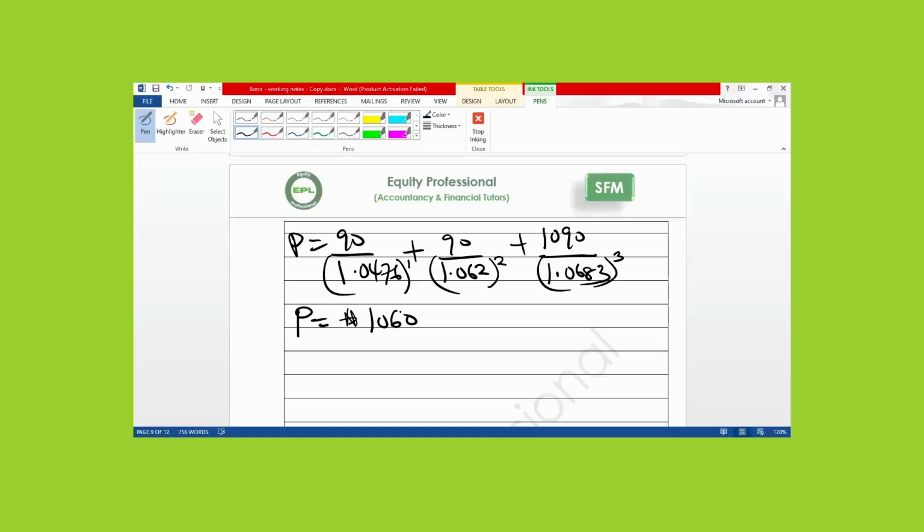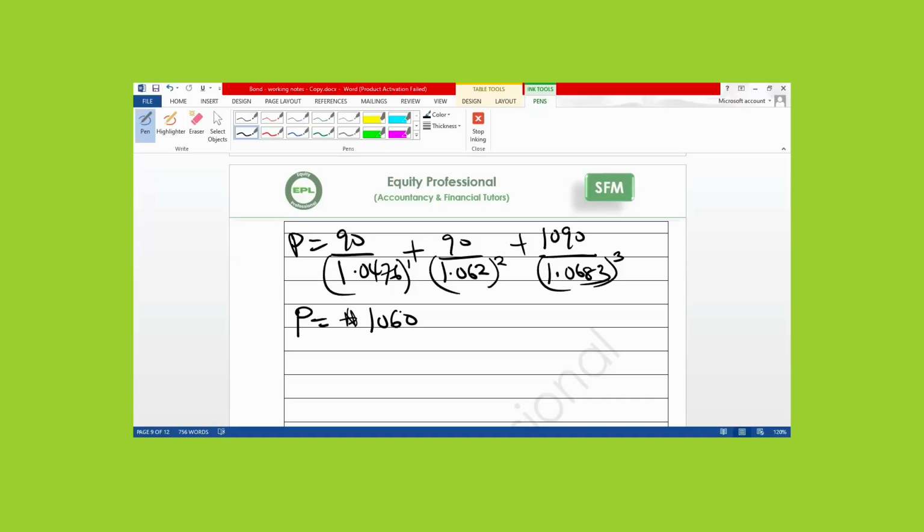Correct. You have gotten the price of the bond.